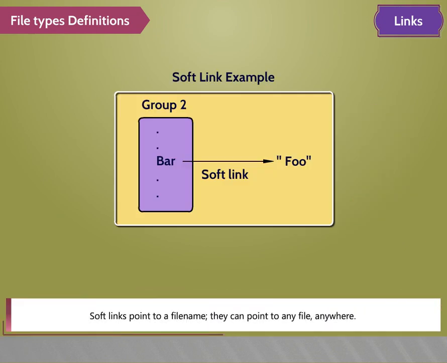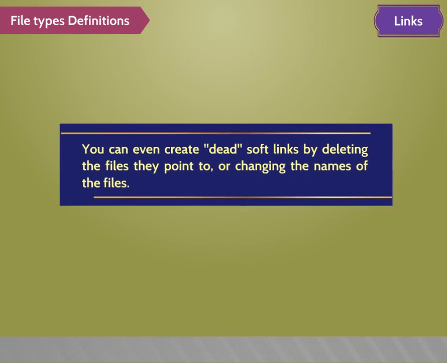Soft links point to a file name. They can point to any file anywhere. You can even create dead soft links by deleting the files they point to or changing the names of the files.